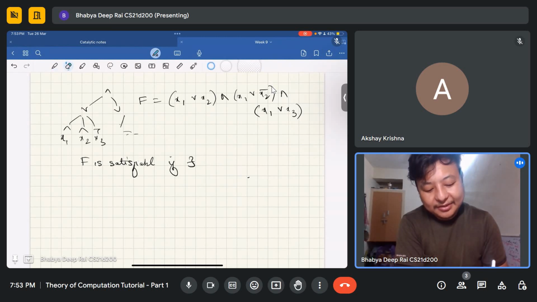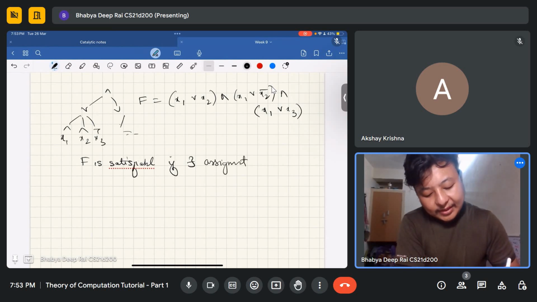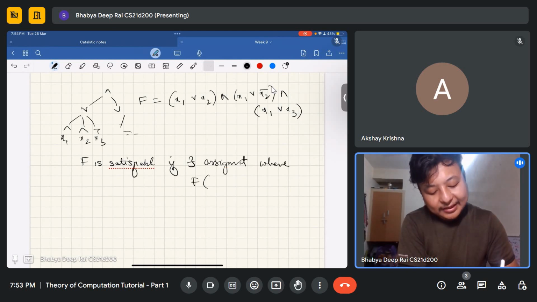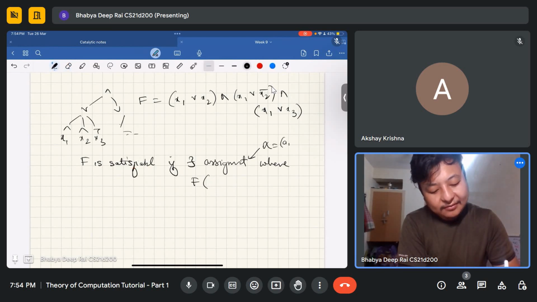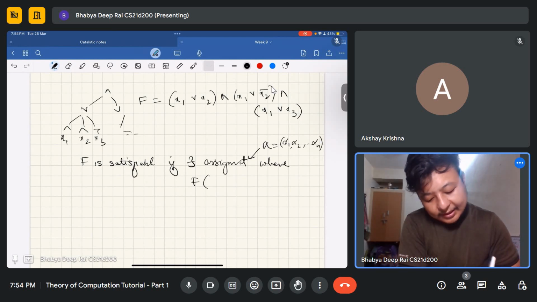Okay, there exists an assignment, I'll call that assignment alpha, where alpha equals alpha 1, alpha 2, and so on till alpha n, and f contains x1, x2, and so on till xn.